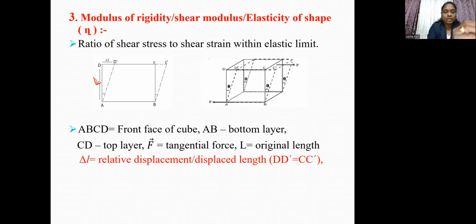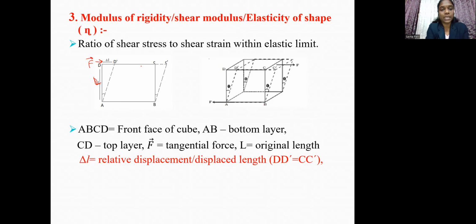Now, tangential force F bar is applied to the top layer CD, in this direction, such that bottom layer AB is kept fixed. Now, what will happen due to this tangential force F bar acting on top layer CD?